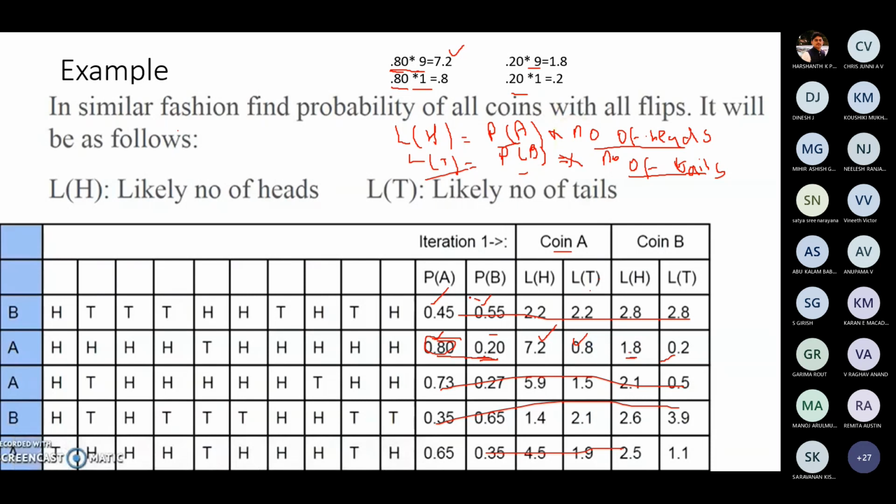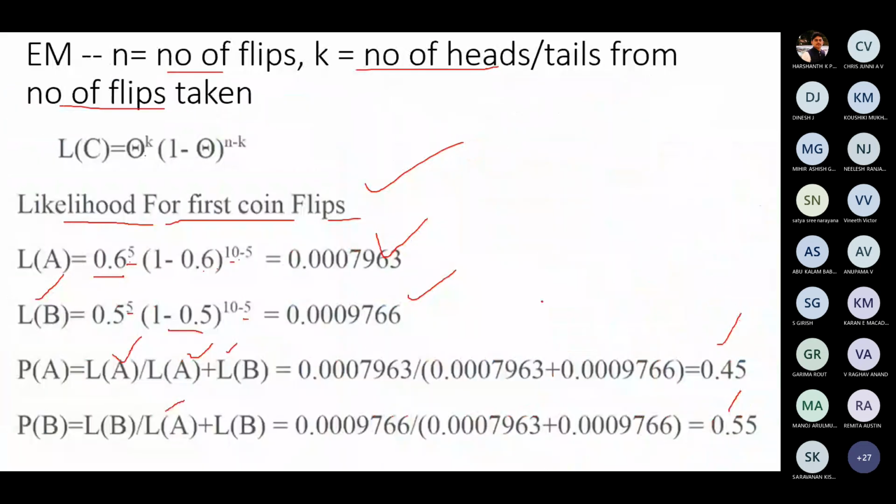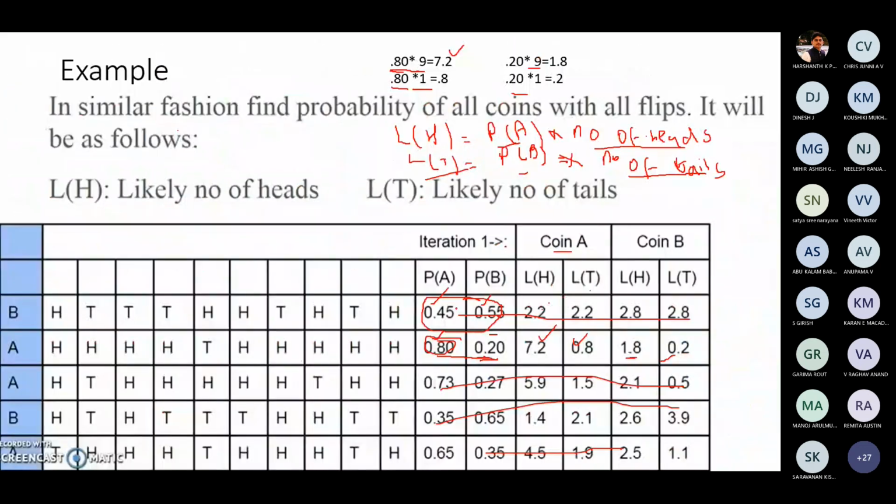So this value I have calculated. Like that you will be calculating for all the values. The same way, this value is computed based on 5 into 0.45, then 5 into 0.55. Then 9 into 0.8, 1 into 0.8, 9 into 0.20, 1 into 0.20.